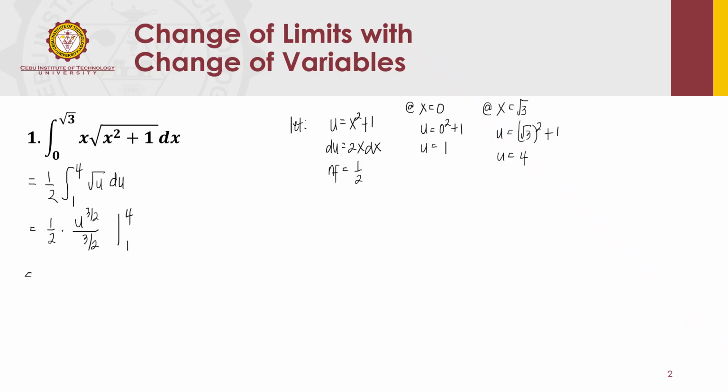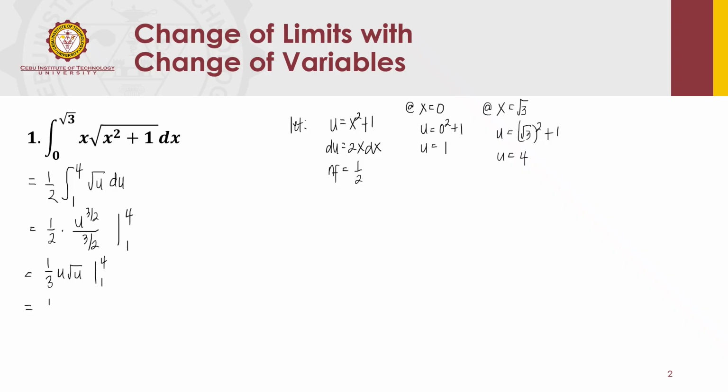Or that's 1/2 divided by 3/2, so that's 1 over 3. And then since we're dealing with radicals, it would be better to write this u to the 3/2 in radical form and simplify it. So u to the 3/2, that's u and square root of u, right? So evaluate from 1 to 4.